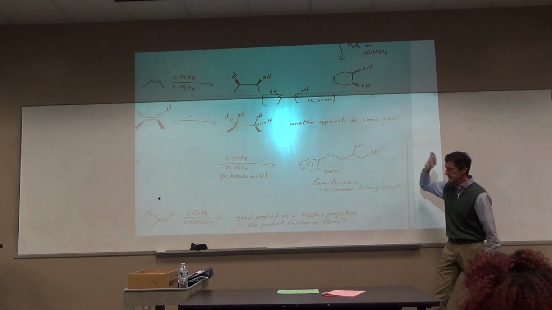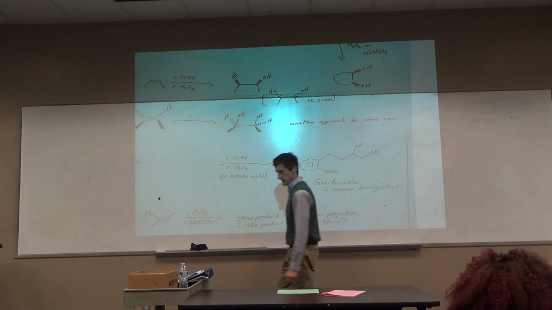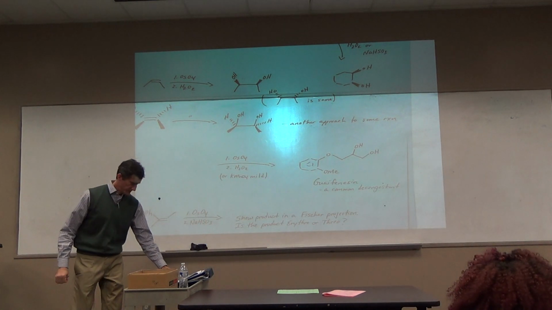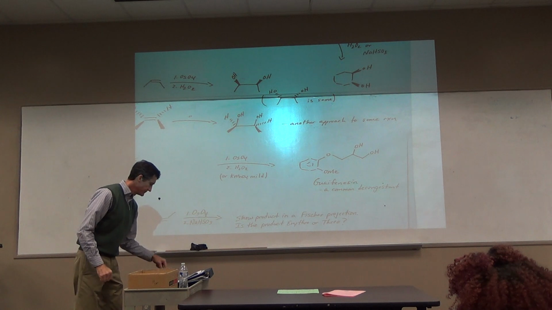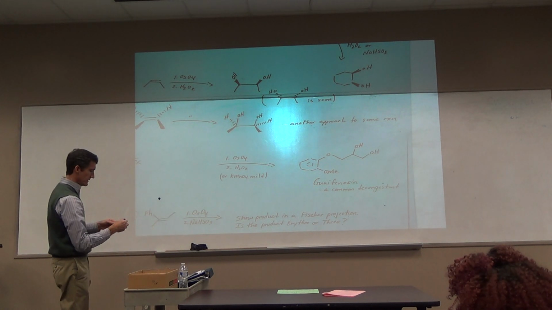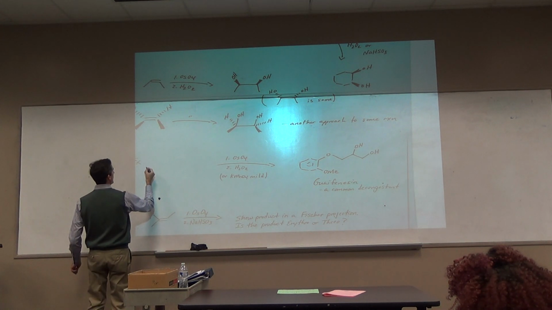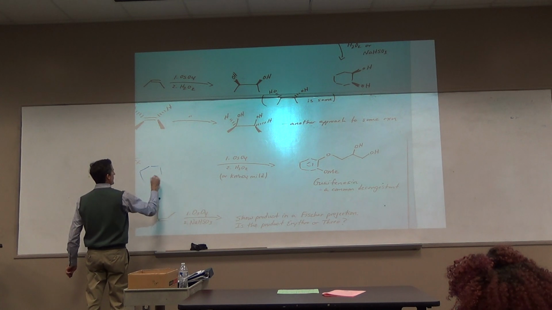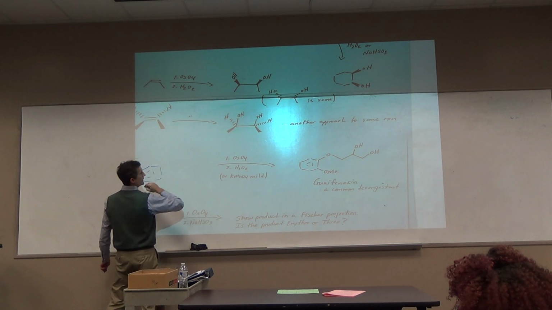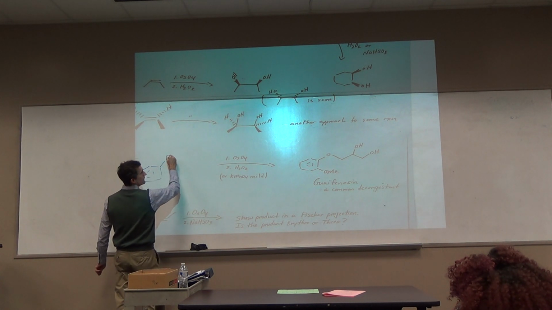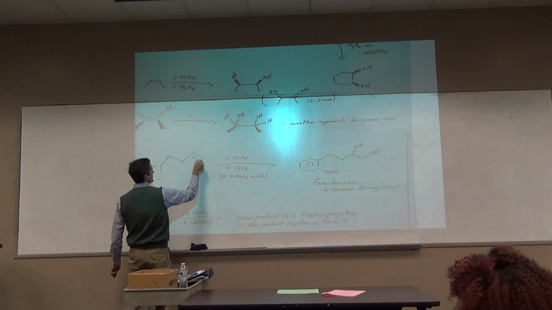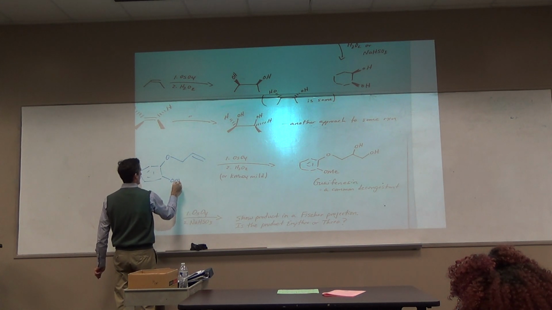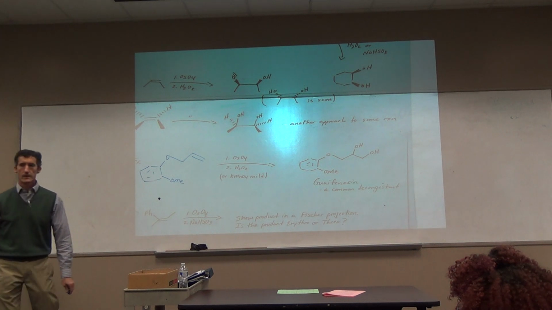Guaifenesin and a lot of decongestants, if you look at the bottle, like purple decongestants, does have a diol there. And so that could come from a precursor. Makes sense?